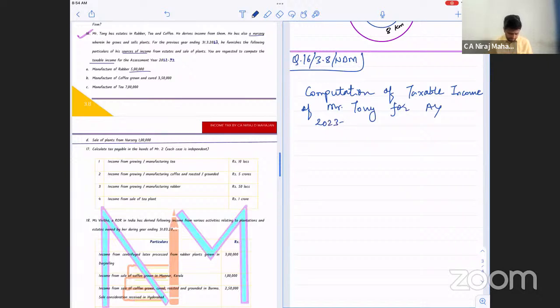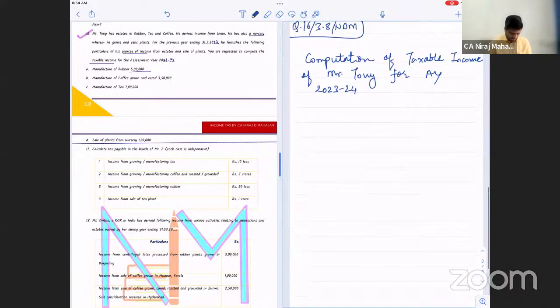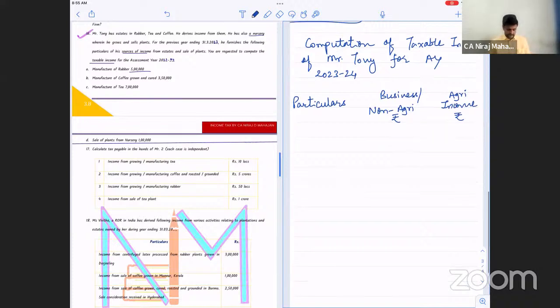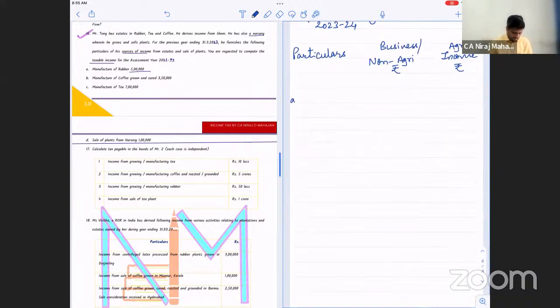Right, all of you? Particulars. Let us say, Bacho, first let us take your business. Business means non-agri income, correct? Rupees. And then we have, let us say, agri income. Clear? Rupees. Simple? All right.